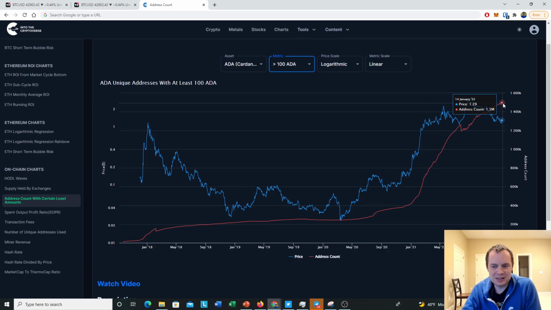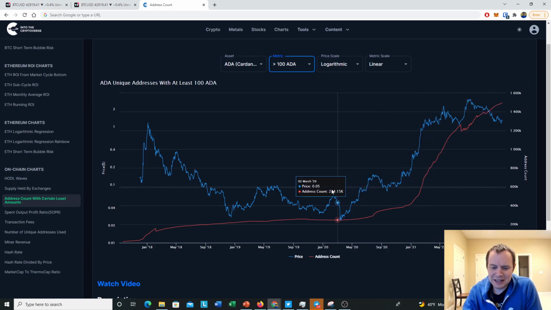So a difference of approximately 700,000 wallets. So there's about 700,000 wallets that hold somewhere between 10 and 100 ADA because they don't show up when you look at wallets that hold at least 100 ADA. So a fairly large number of wallets are holding between 10 and 100 ADA.